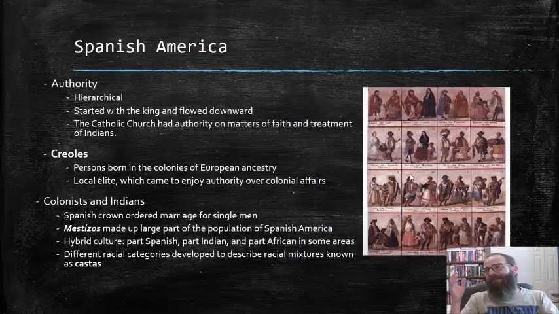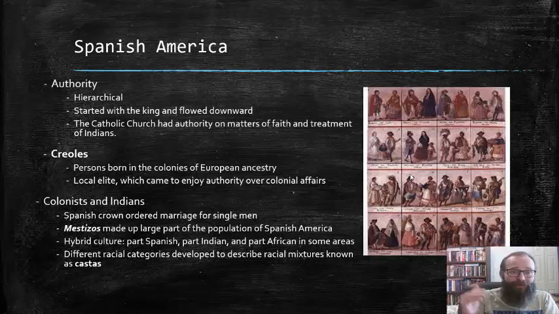Now, what did life look like in Spanish America in these early years? Well, the authority was very hierarchical. It started with the king and flowed downward, and the Catholic Church, particularly through those missionary societies that I had just mentioned, definitely held a substantial amount of authority on matters of faith, and particularly on matters of treatment of the Native Americans.